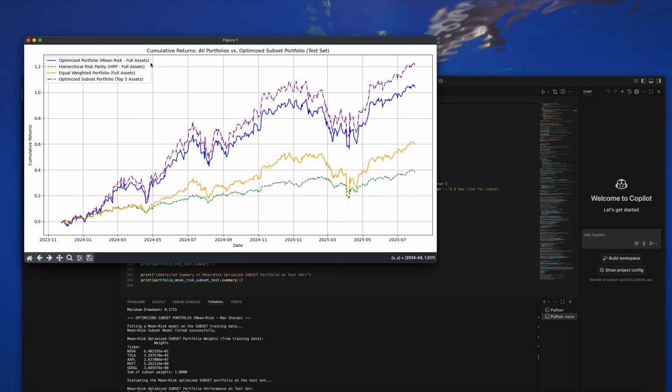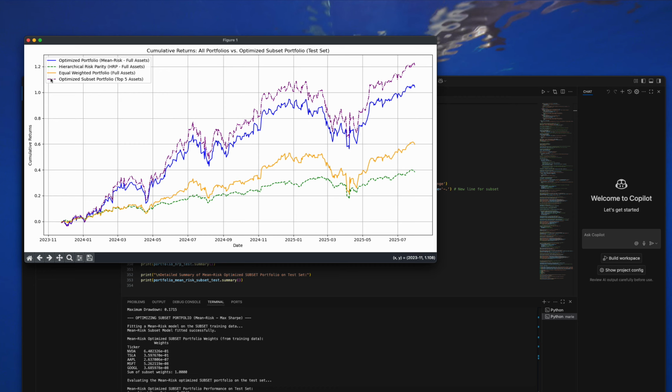We see the orange line, which is the equal weighted portfolio, significantly underperforming the purple and the blue line. But it still outperforms HRP. That's curious, because even if you just have an equal weighted portfolio, you're outperforming HRP in this scenario.